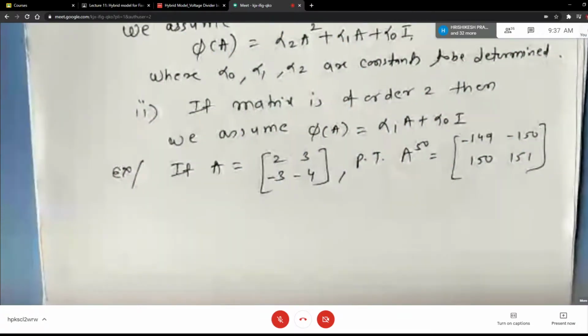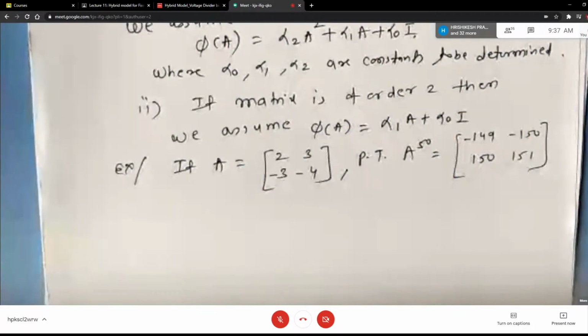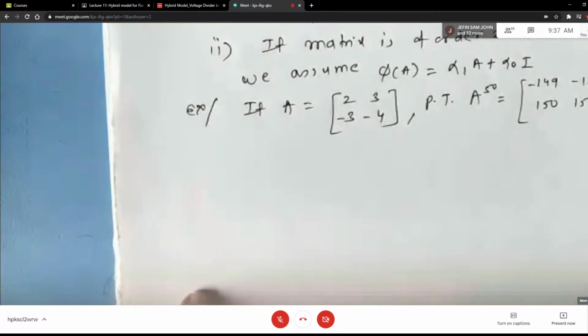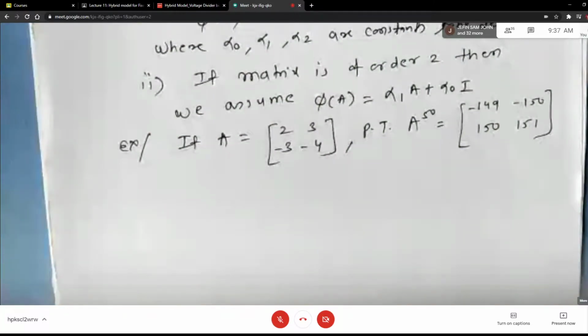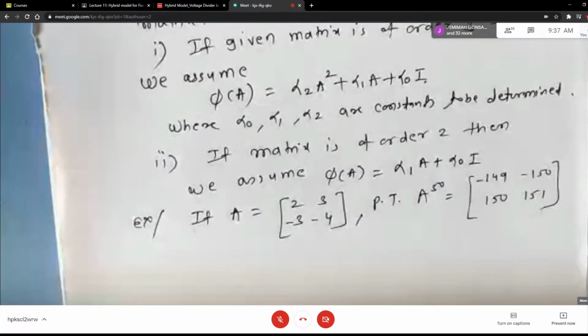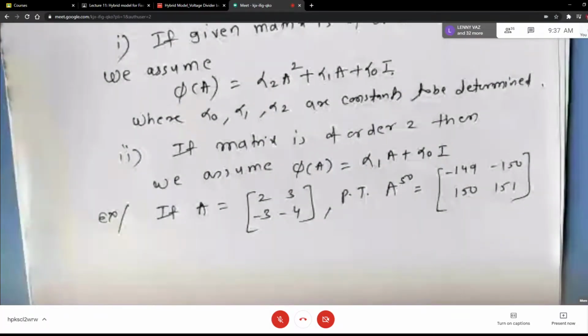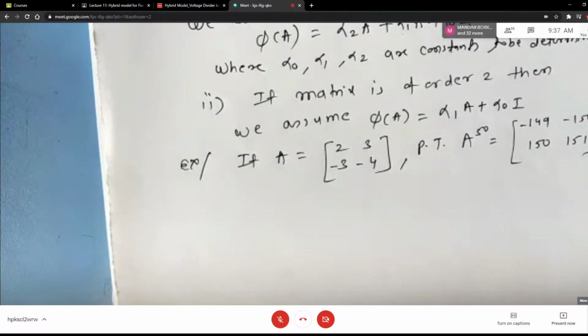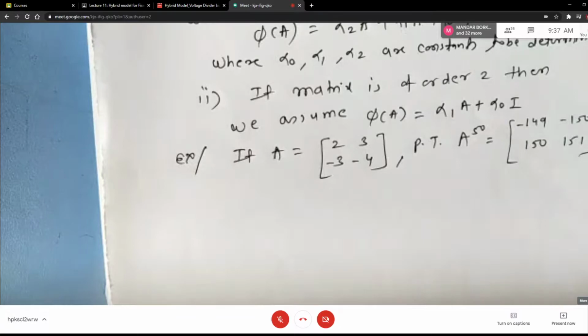Somebody is saying something. Ma'am, can you move the page a bit? Page, right or left? Now see, A raised to 50 matrix, I can't see. Yeah, A raised to 50. You want it on the right hand side like this? Ma'am, I can't see that matrix.